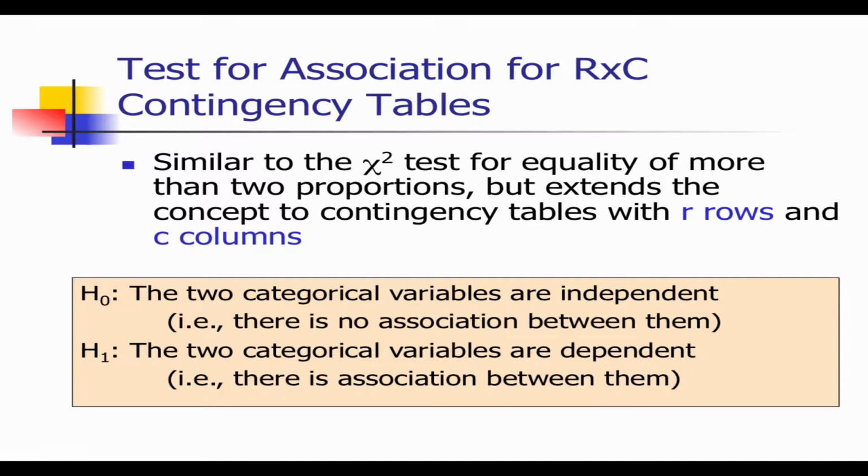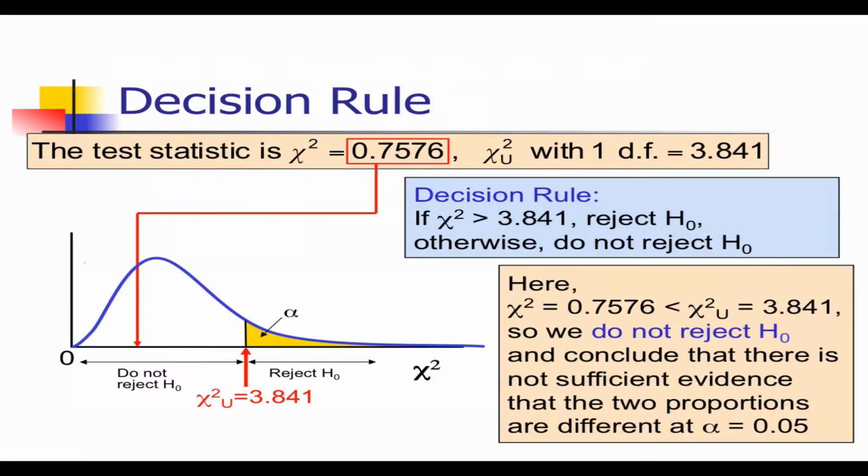So this is what we have talked about for the 2x2 table. And remember, I actually forgot one thing: when we talk about the chi-square test, there is always this parameter called degrees of freedom. So for the chi-square test, how do you calculate degrees of freedom? It is the number of columns minus 1 multiplied by the number of rows minus 1.